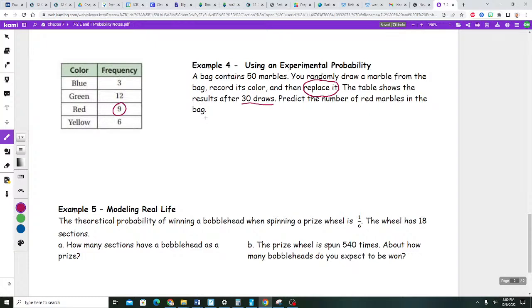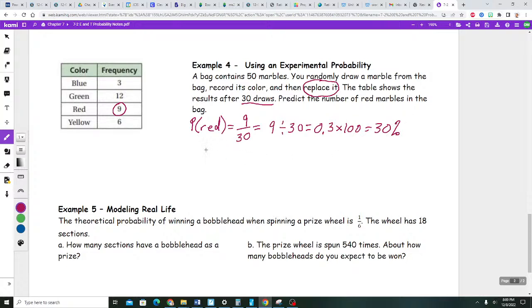There are a couple different ways to do this, but the one that explains the idea the best is this: the experimental probability of choosing a red is 9 over 30. So 9 divided by 30 gives us 0.3, times 100, and we get 30%.